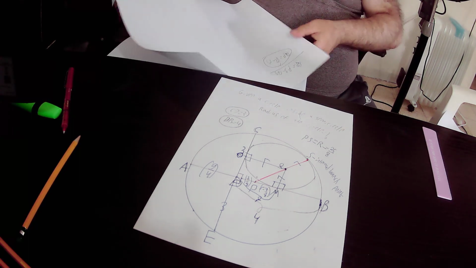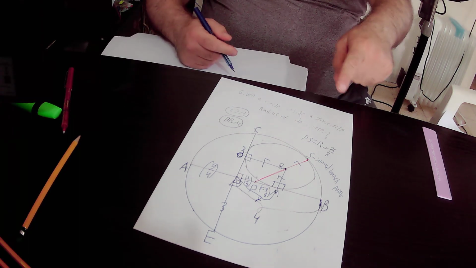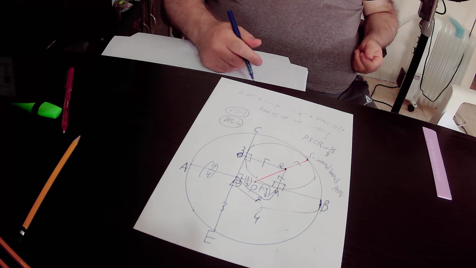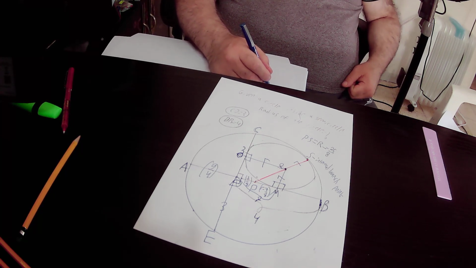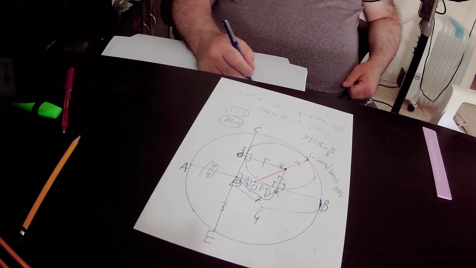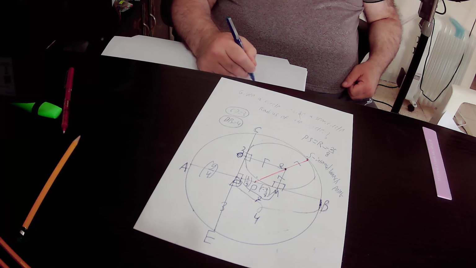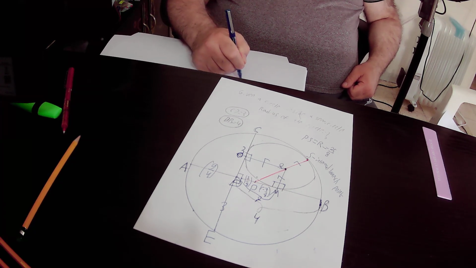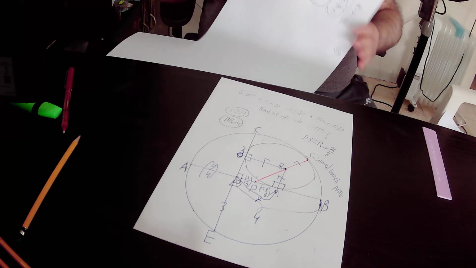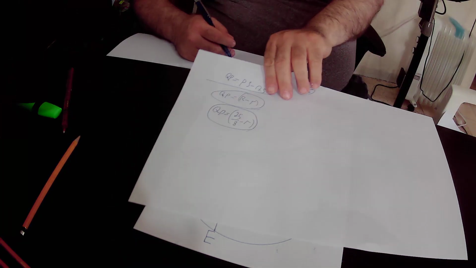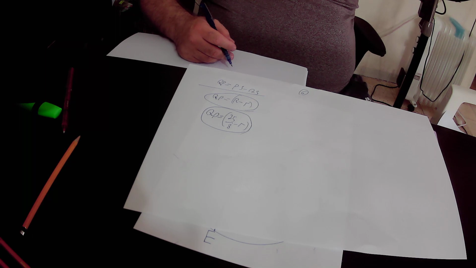But we have already found out that capital R equals 25 over 8, so we can substitute capital R by 25 over 8. And in conclusion, QP equals 25 over 8 minus small r.